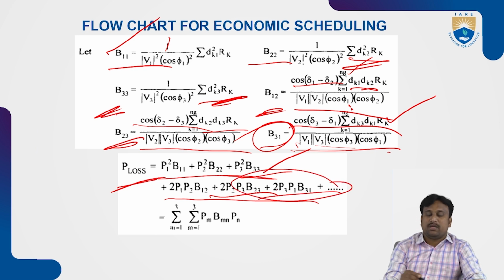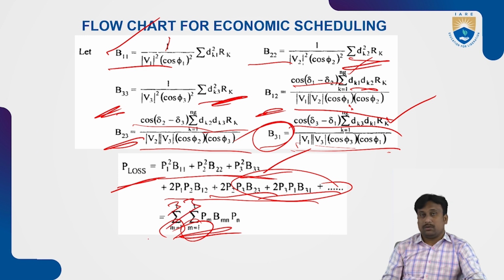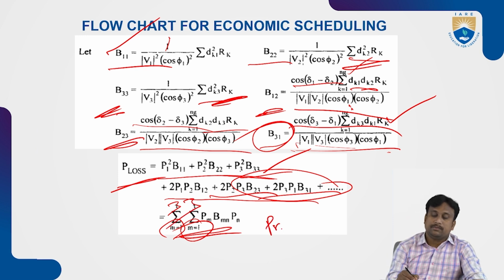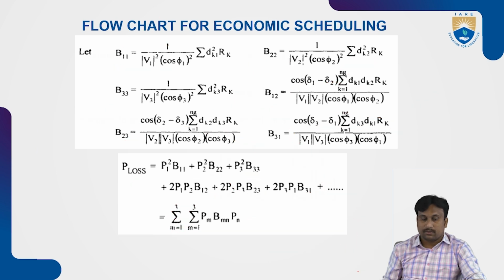All are sums, and they may be taken as a single summation with m equals 1, n equals 1, extended up to the third case, that is 1, 2, 3, of PM BMN PN. This product will give the power loss coefficient.